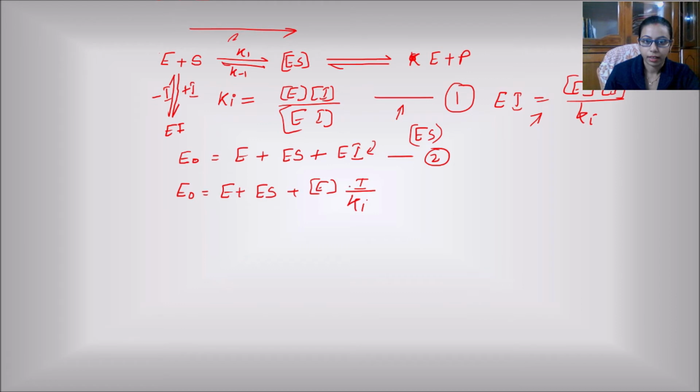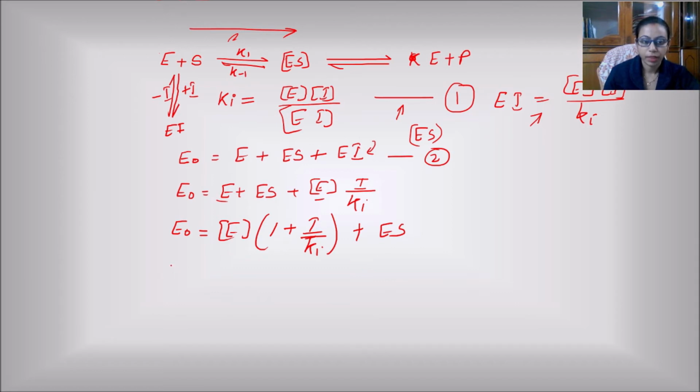Now in this equation we can see that the species E is common, so let us take E common out of the bracket. So I will take 1 plus I by Ki, plus ES will be here.